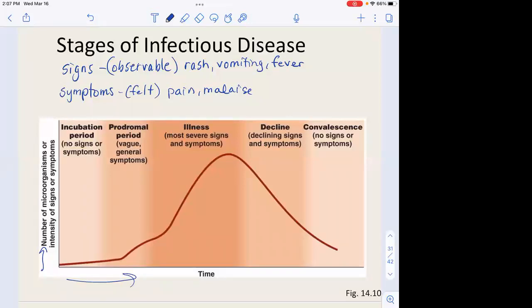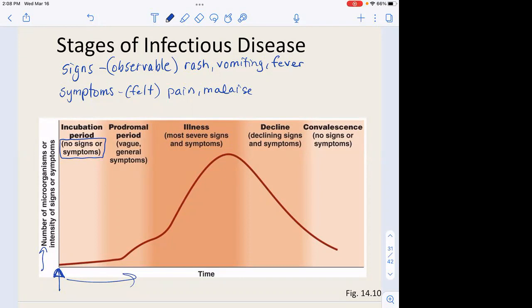So when a pathogen enters some portal of entry of a host, initially there's always going to be at least a little bit of what we call an incubation period. The patient doesn't have any signs or symptoms, but the pathogen is actively multiplying within the host.